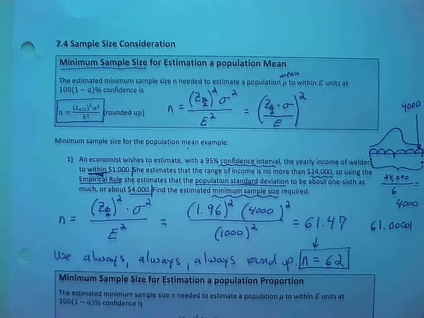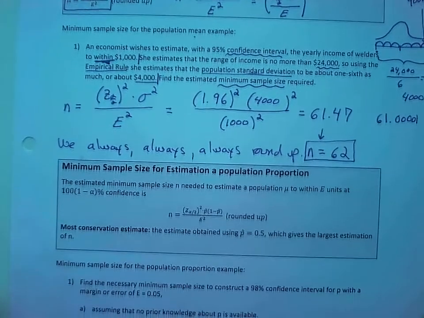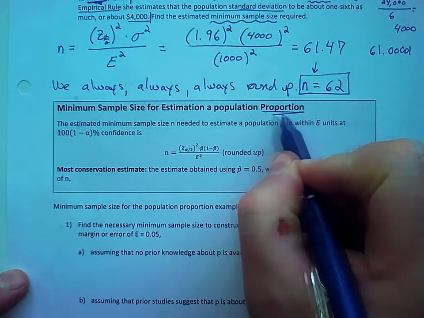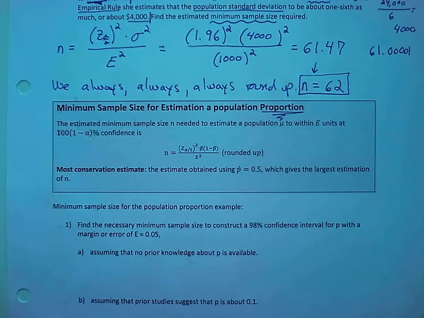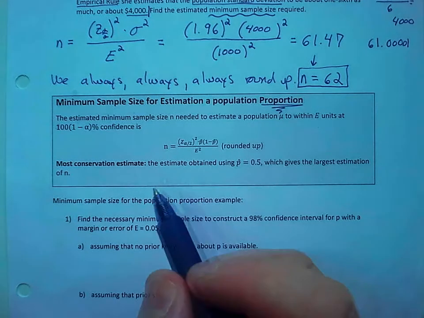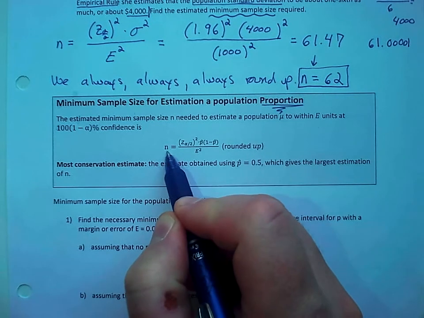All right, so let's go on to the minimum sample size for the estimation of a population proportion. So now we're going to go away from the means and we're going to talk about the population proportion. What we're going to do here is mostly the same thing, but slightly different. Again, we're trying to figure out what little n is, our minimum sample size.